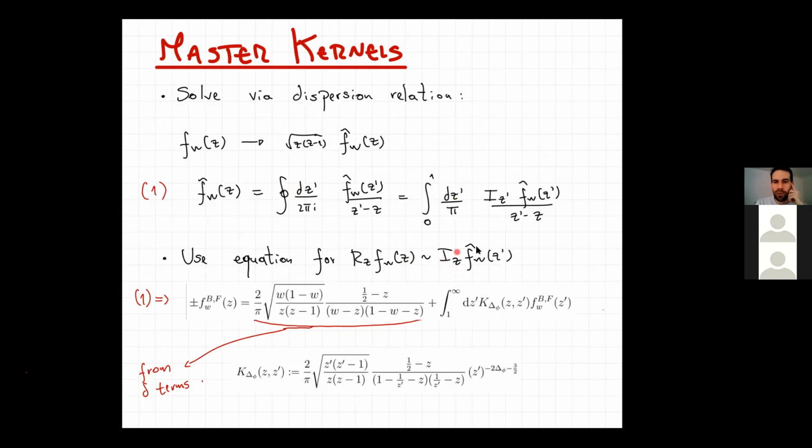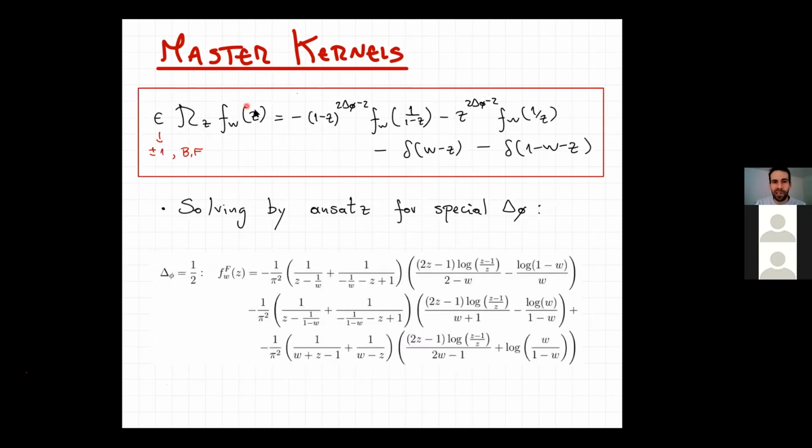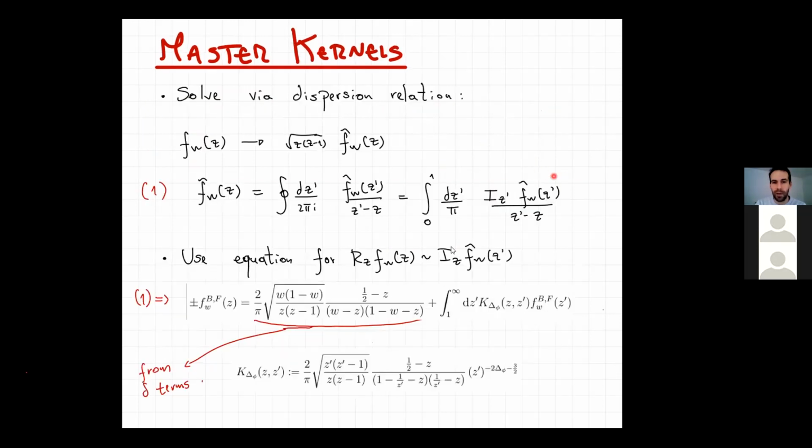And now the only thing that we have to do is to use the fact that it's easy to see that the imaginary part of this f hat is related to the real part of the unhatted f. But the real part of f is given here by this equation. So you recover f. Instead of getting the real part, you get something which depends only on f, and then there's some delta function.